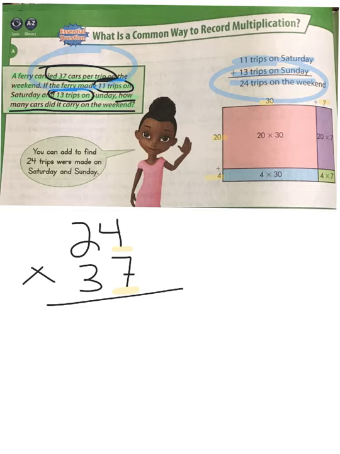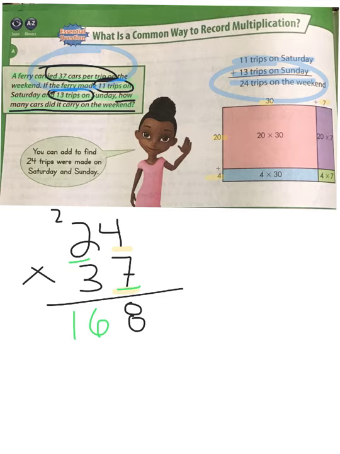Instead of writing 28 down, we're going to write down the 8 and regroup our 2. Next, we're going to multiply our ones place by our tens place. So we are going to multiply 7 times 2, which is 14, plus 2 more, which is 16.